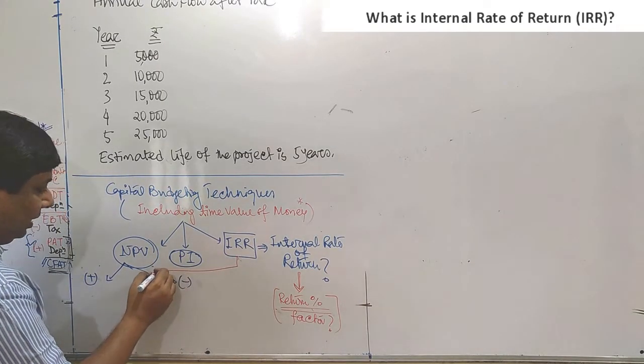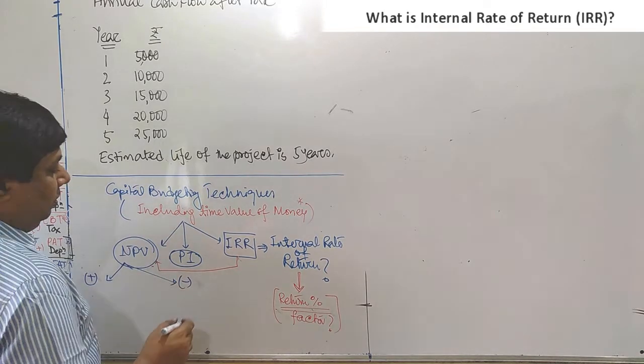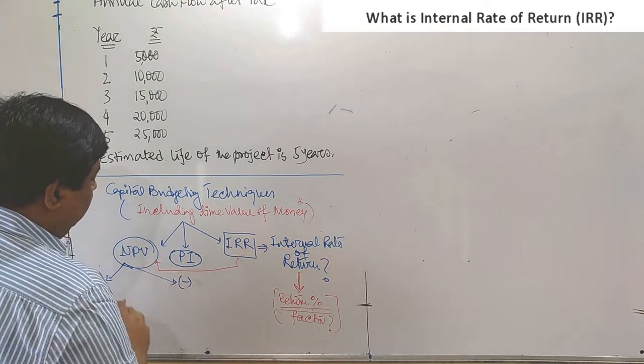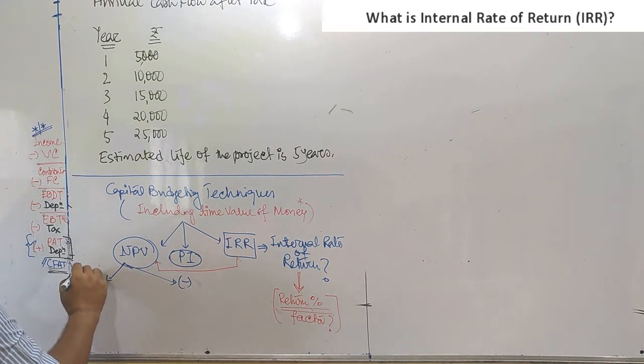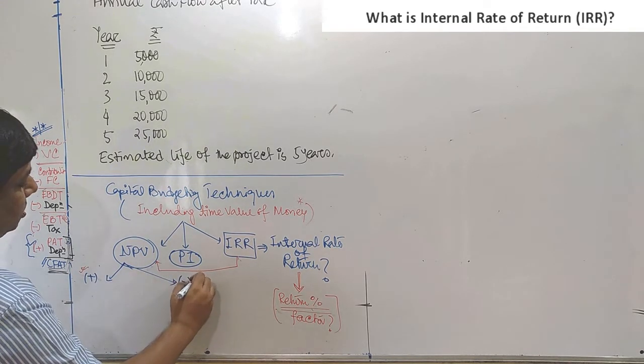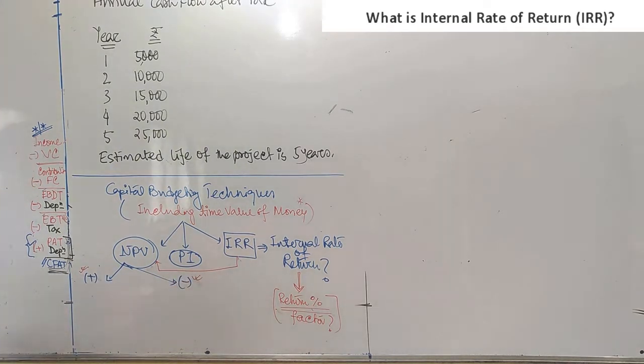Now, before stating the relationship between IRR and NPV, let me concentrate on NPV. When you consider NPV, there is a scope of getting mostly two specific results, either positive or negative. How can you differentiate between them?